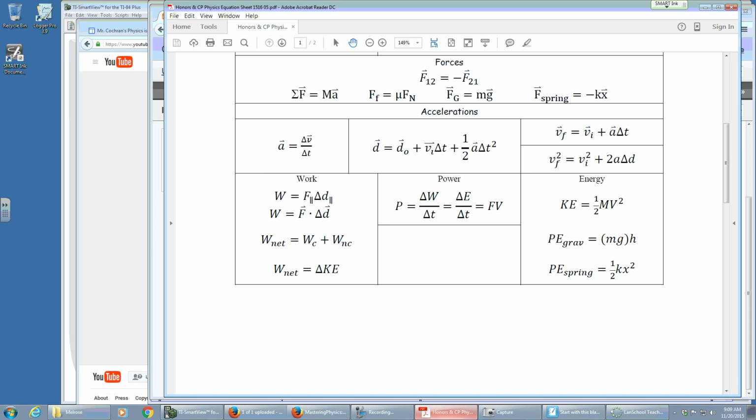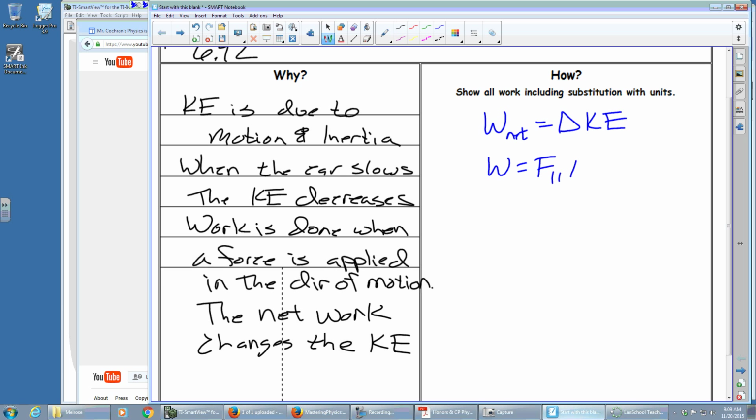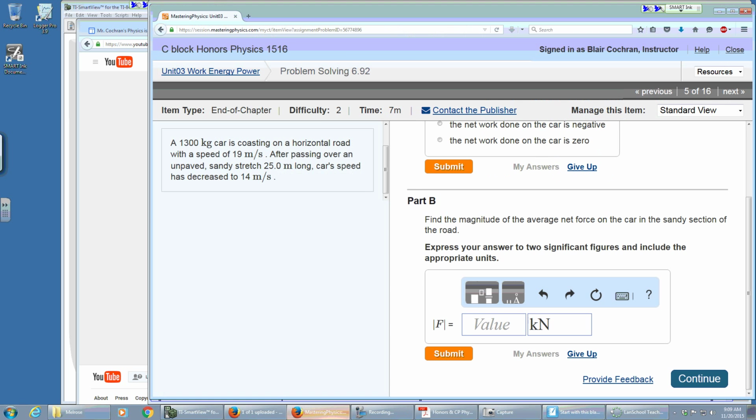And that's where I'm going to start. I also have the equation there that work is force parallel times delta d parallel. Let's see, did they ask me that? Yeah, average net force, okay.